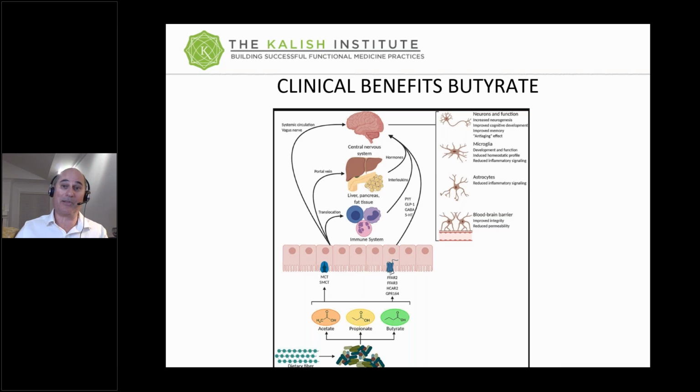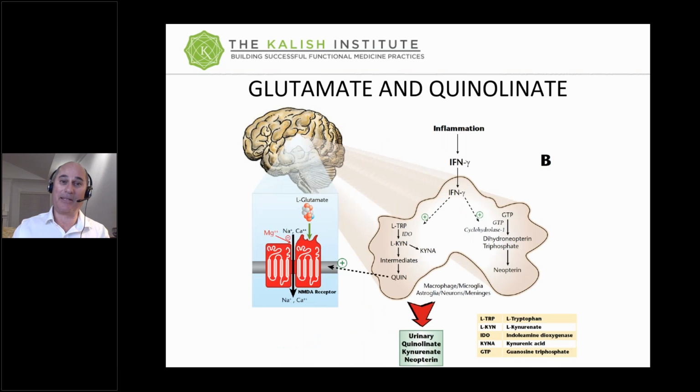And butyrate's available in a supplement form. That butyrate travels to your brain and regulates brain function and neuron growth, amongst other things. It's a very powerful anti-inflammatory, and it's a very powerful repair product for the brain. It's made from you consuming fiber in your diet, and then the gut bacteria going on to make that.